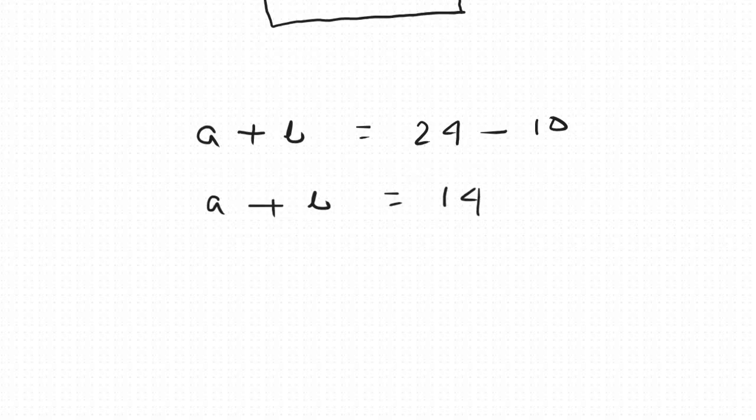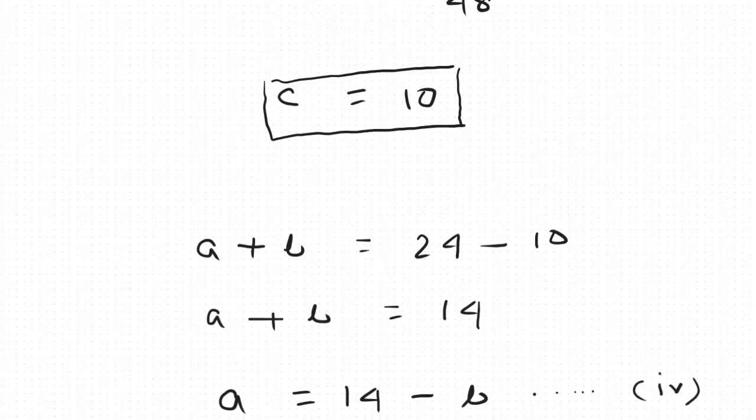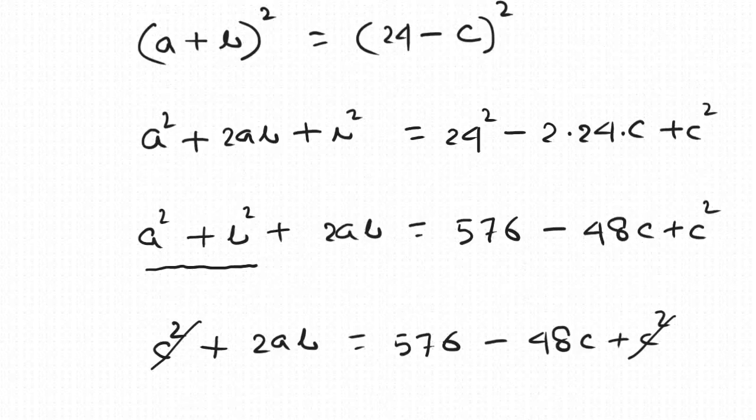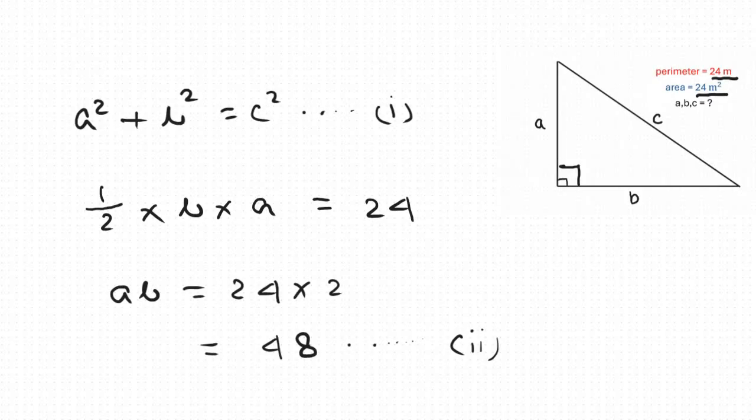From here we can write A equals 14 minus B, which is equation number 4. So we get the value of A from equation 4 and C as 10. So we can put these two values in equation number 1, which is A square plus B square equals C square.